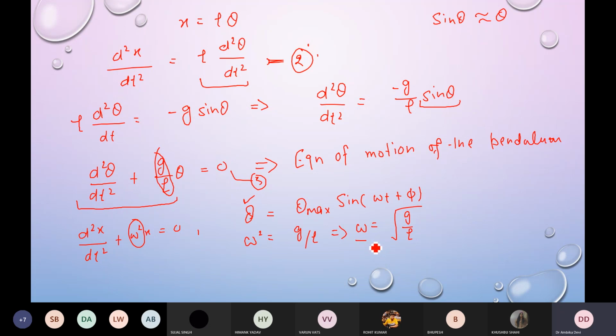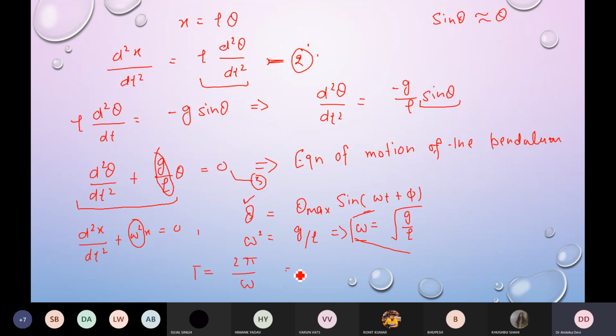You need to keep this in your mind, because many times numericals are asked from here also. You may be given the value of g and the value of L, the length of the pendulum, and then you may be asked to find the angular frequency as well as the time period. We know the relation between time period T and angular frequency is T is equal to 2 pi upon omega.